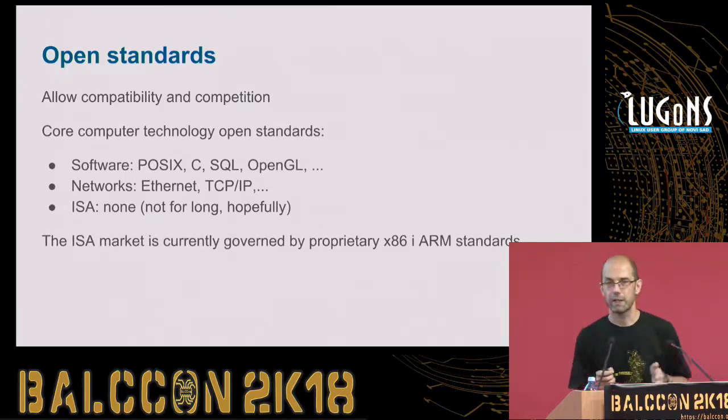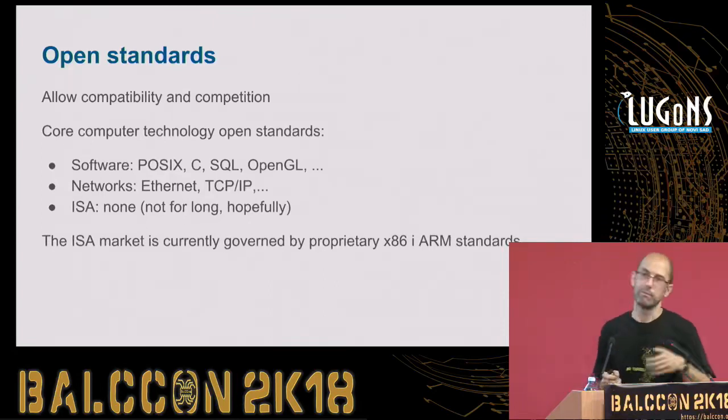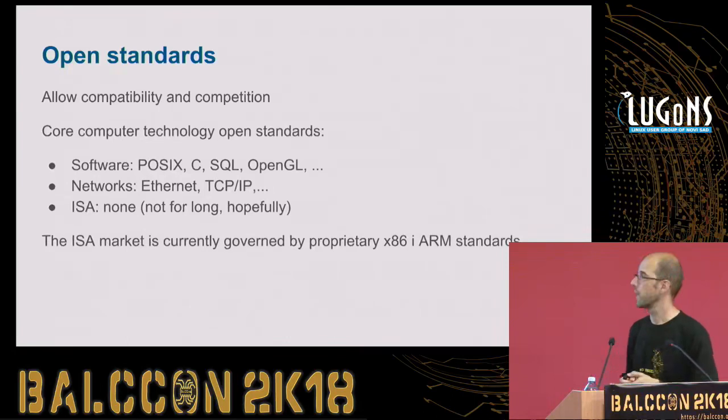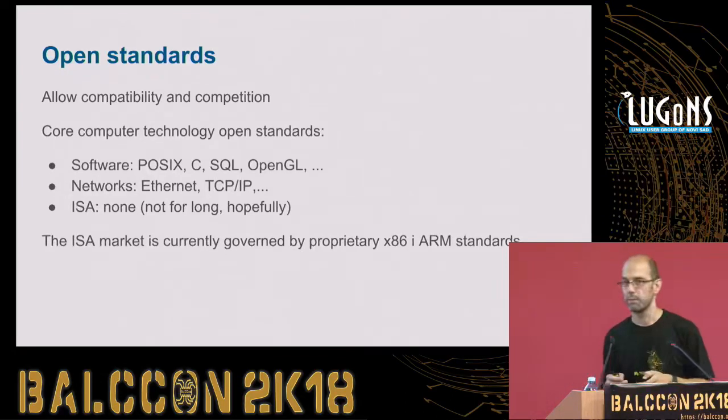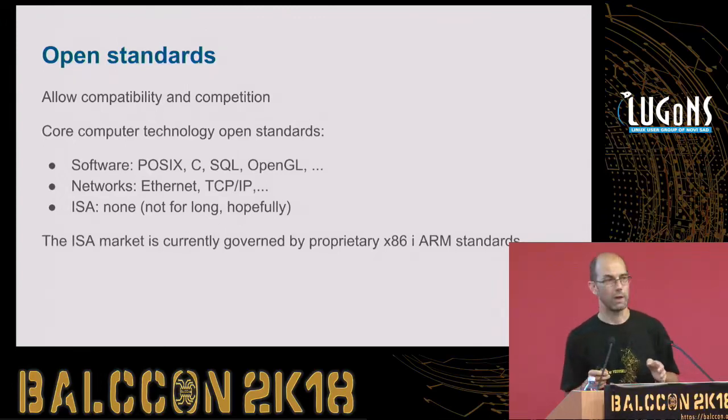But for the ISA, we have the rule of the two main ISA families, which are Intel x86 and ARM, both of which are very expensive if you try to use them.